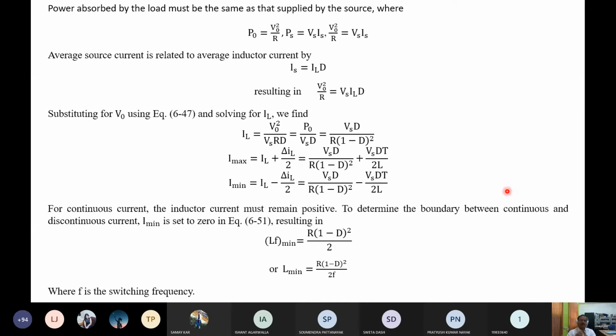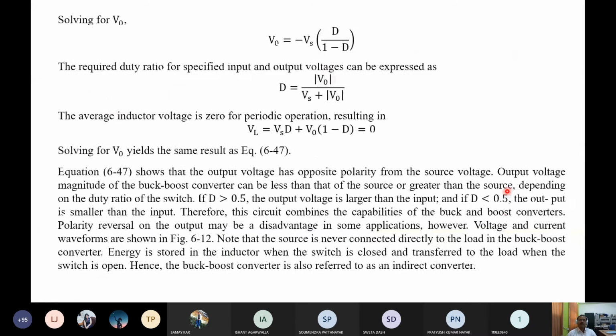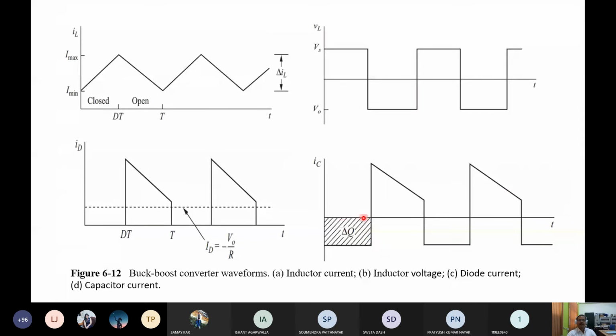So this is the minimum value of L for which the inductor current remains continuous. The output voltage ripple for the buck-boost converter is computed now. Just remember that Q naught is the area, this area. This average inductor current is V naught by R, and this is DT.